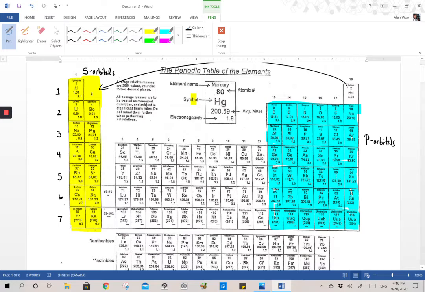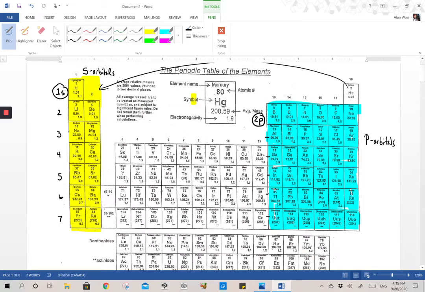So your p orbitals, what happens here is they start with 2p. Okay. So your s orbitals always start with 1s, and you have 2s, 3s, 4s, 5s. Here, you start with 2p, and this would be 3p, 4p, 5p, 6p, 7p, if you go down that far.